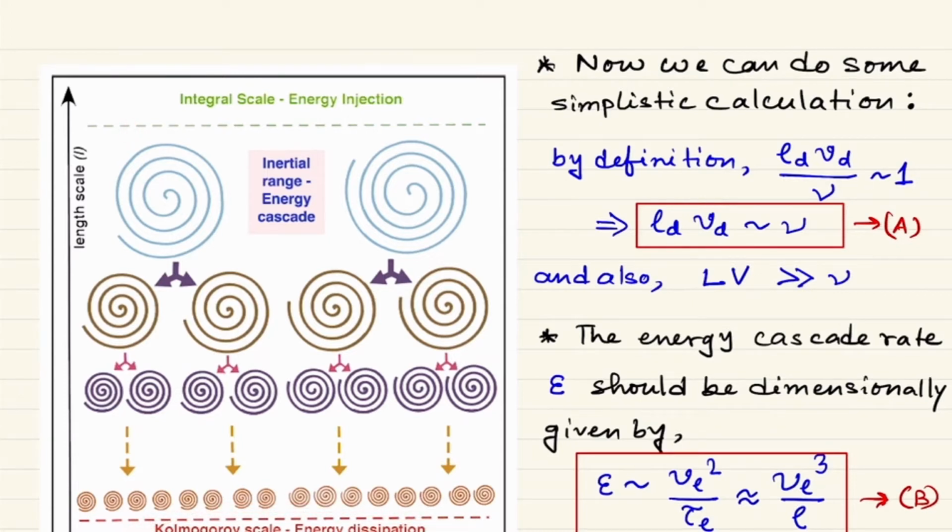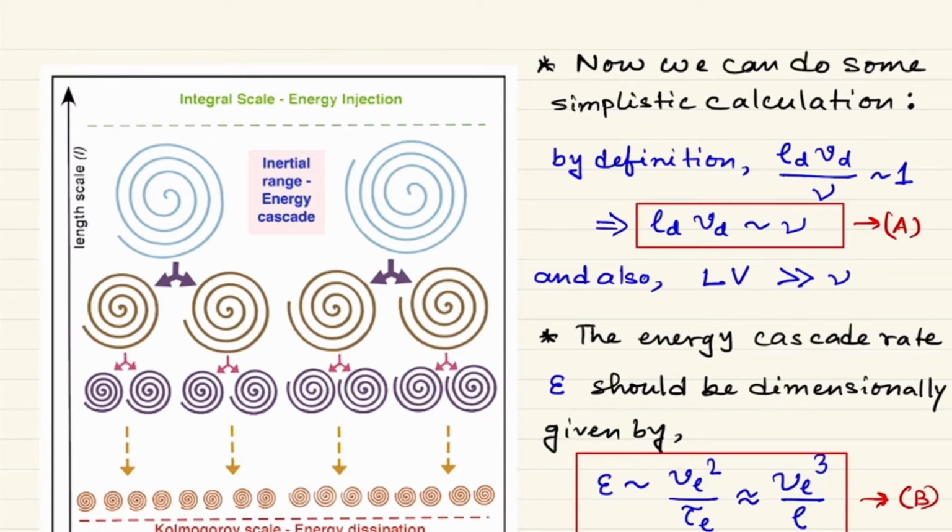And although for communication purposes it is drawn like that, between these two it does not mean that it is just starting from this one and reaching the Kolmogorov scale.